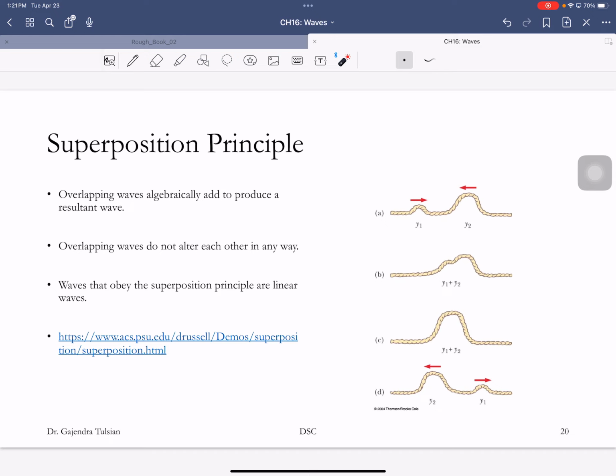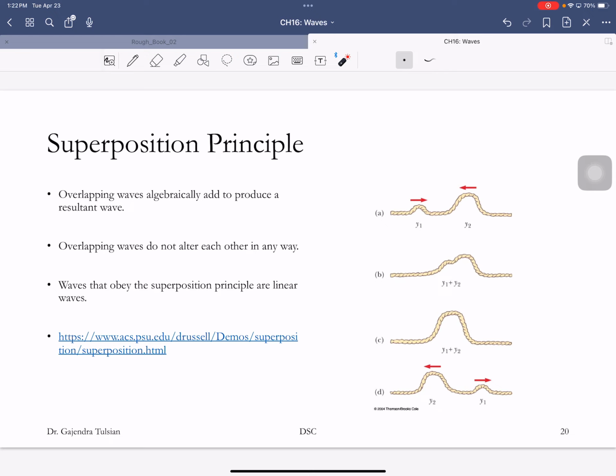So waves will add or interfere when at the same location, but they do not change each other's nature. Once they pass, they have their same amplitude. Do you guys see that? That's the superposition principle.